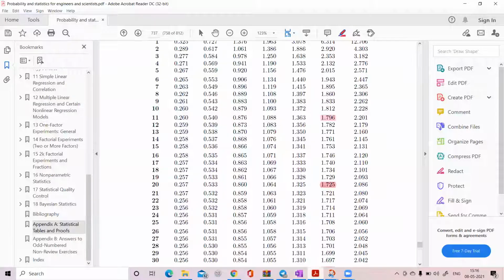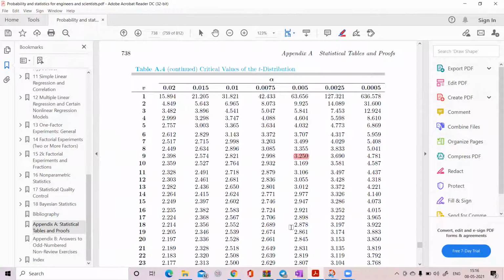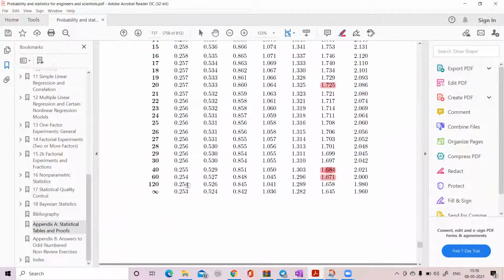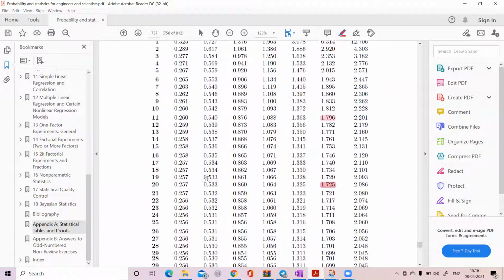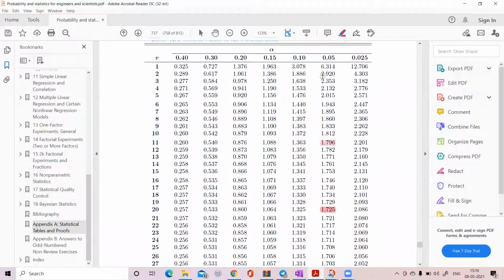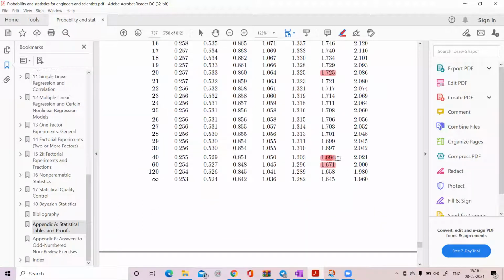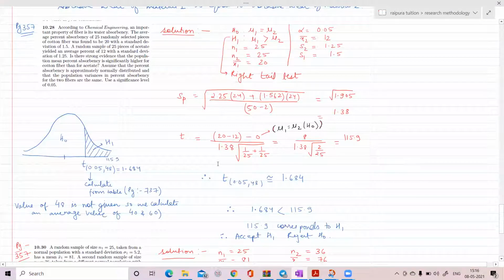For this case, we can see that we have the value for 40 and the value for 60, but we don't have the value for 48 at 0.05. So what we have done is we approximated a mid value of both these values, and we approximated the mid value to be 1.684.